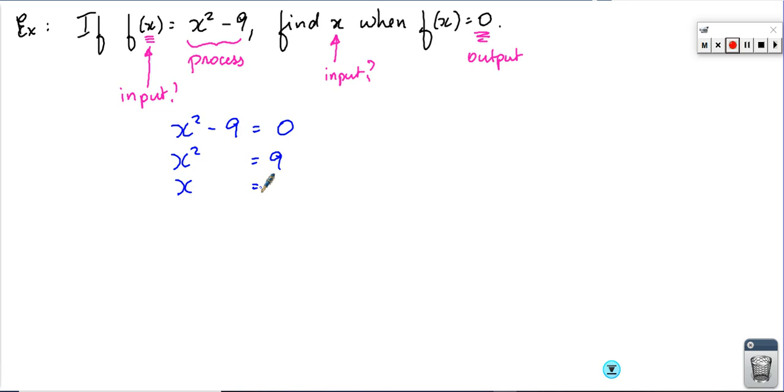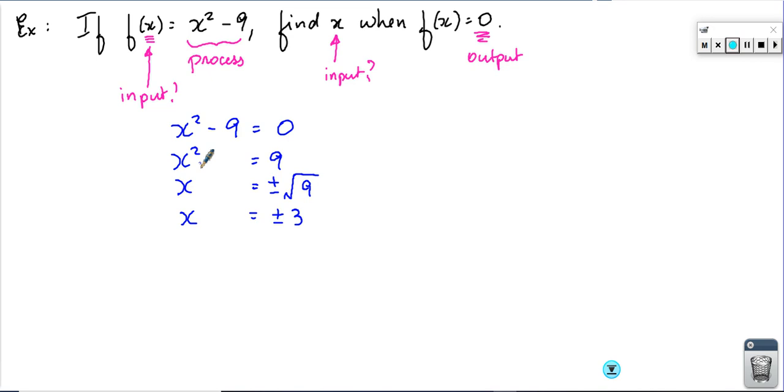Remember that we have two possible values there, okay? So it is plus or minus the square root of 9. We have seen this when we've done subject of the formula, okay? So pay attention. So x is equal to plus or minus 3. Try to remember that if you have a square on the other side, you should write plus or minus square root. Otherwise, your problem will not be correct.